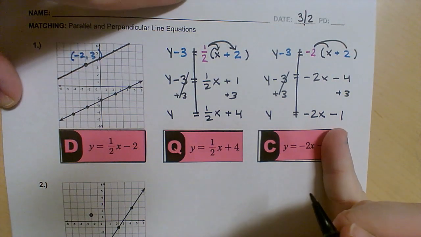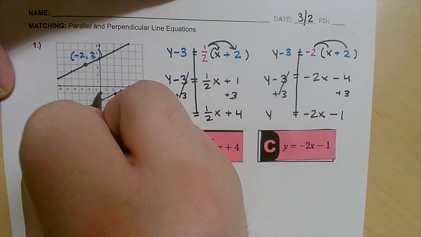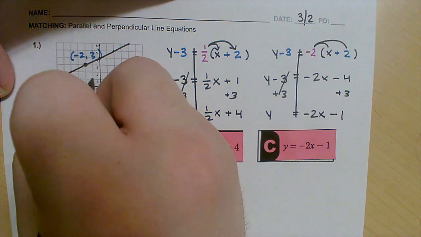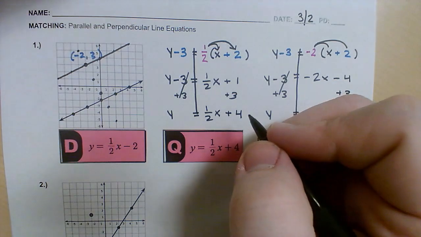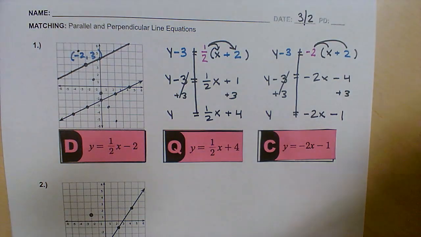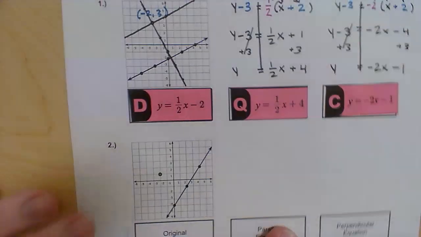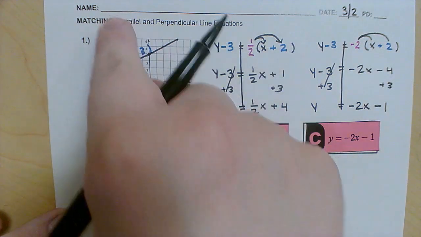And if I graph negative 2x minus 1, I would start at negative 1 and go down to right 1, down to right 1, up to left 1, up to left 1, up to left 1. And so we do get 2 lines that go through that point. They both go through this point. One is parallel and one is perpendicular.